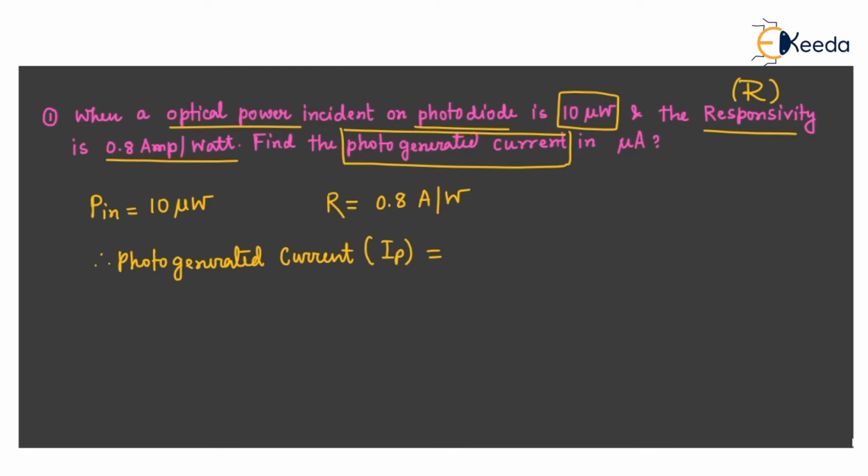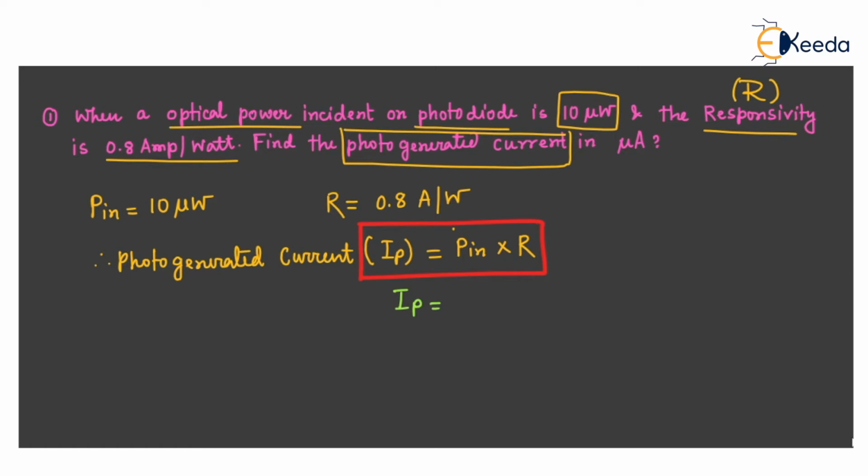So IP is nothing but the input power P multiplied by the responsivity R. This is one of the main equations of the photodiode. So in this equation, if we put in all the values, then we can find the value of IP.